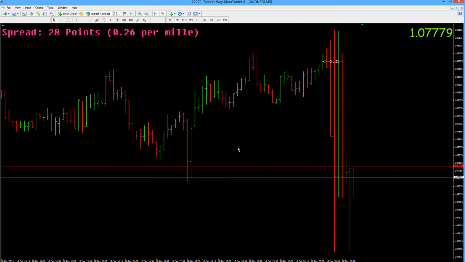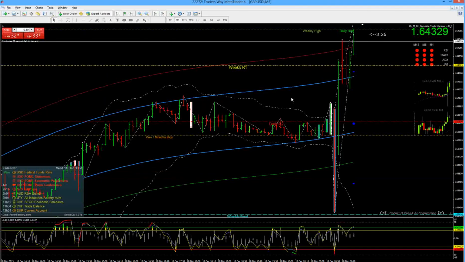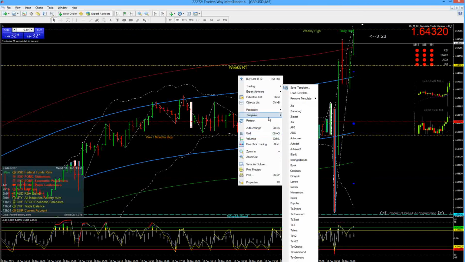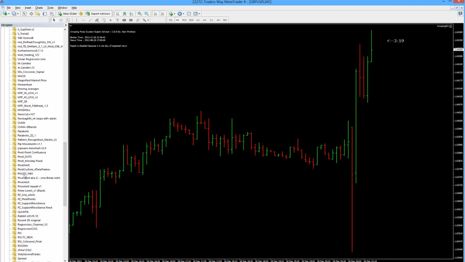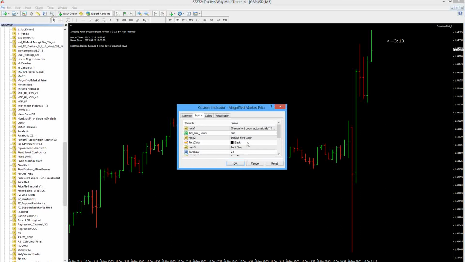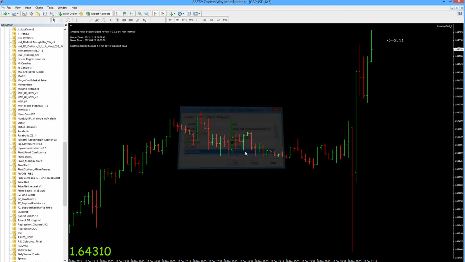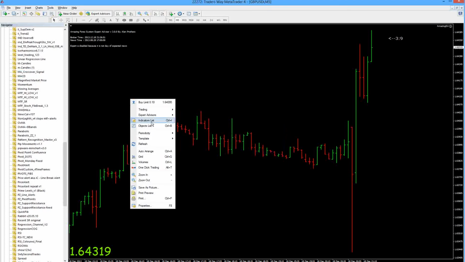If I go over to, here's cable, ugly again, but let me go to that news template and let me add in the price. Let's take a look what the spread over here is. Yep, I put it in the wrong place.